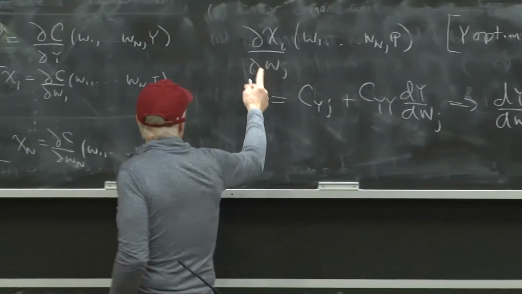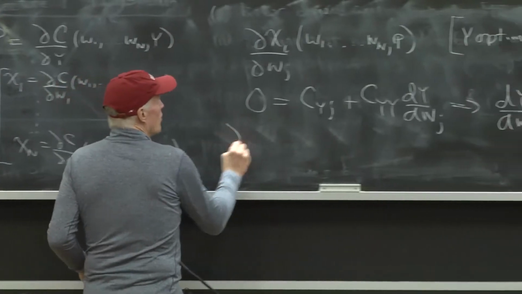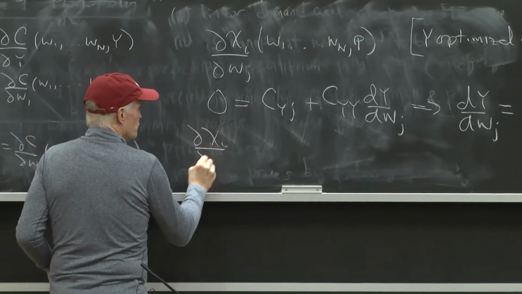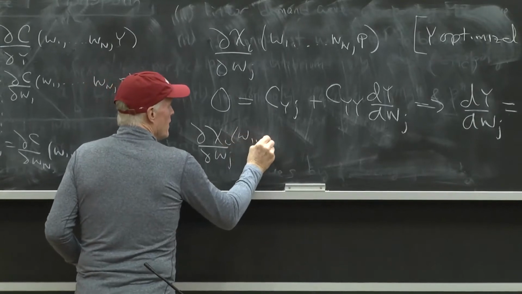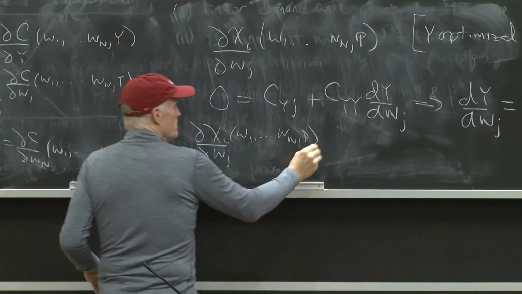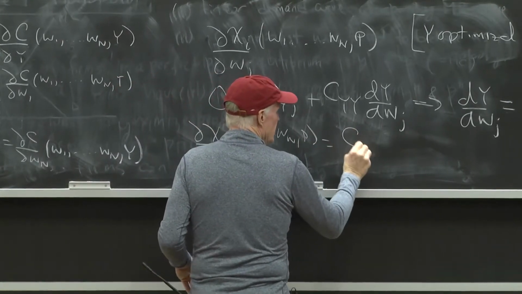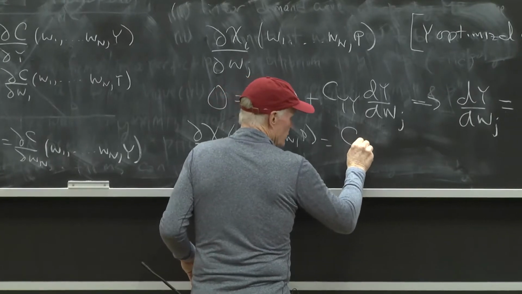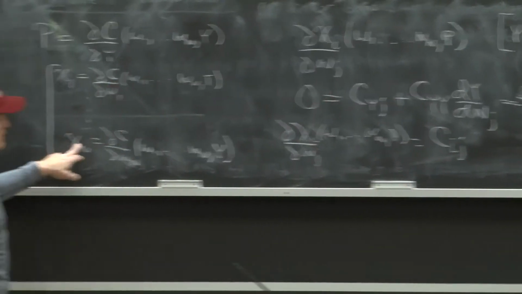So now I'm pretty much ready to go, because I can then just say, what is partial xi partial wj of w1 up to wn, p? Well, that's going to be partial Cij, because that's going to be taking the derivative from here.